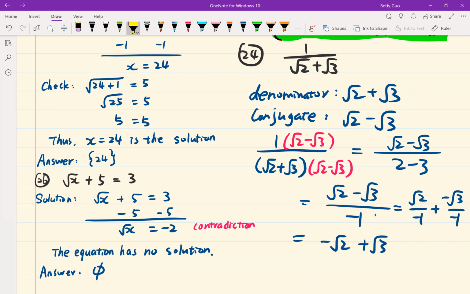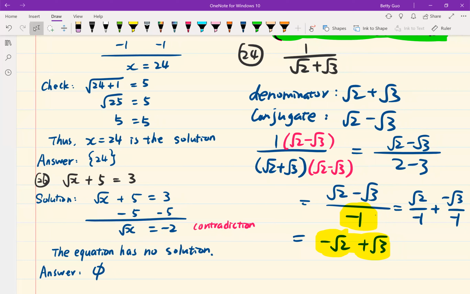Any question about negative 1 here? Divided by negative 1 is the same as multiplied by negative 1, right? So you basically change the sign: change root 2 to negative root 2, change negative root 3 to positive root 3. That's what happened here. So that is number 24. Any questions?